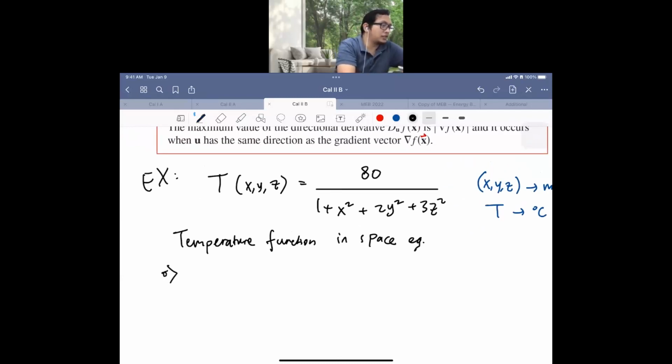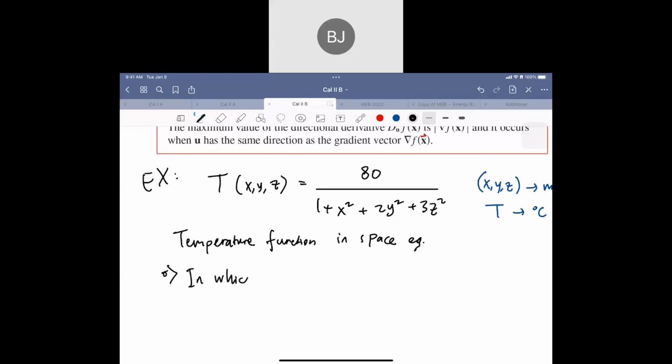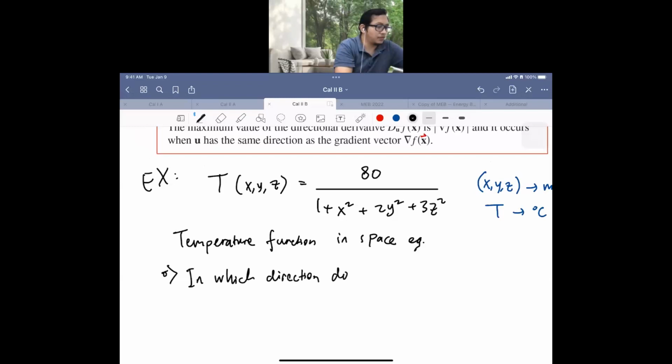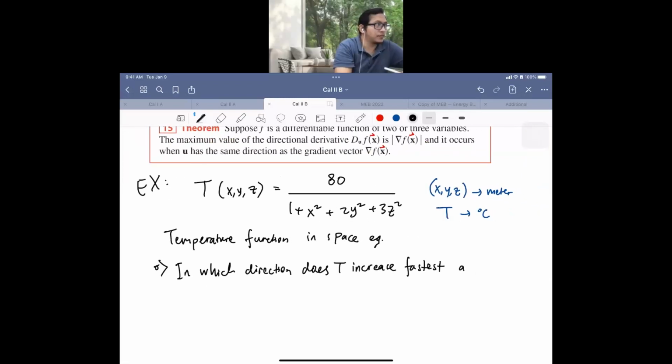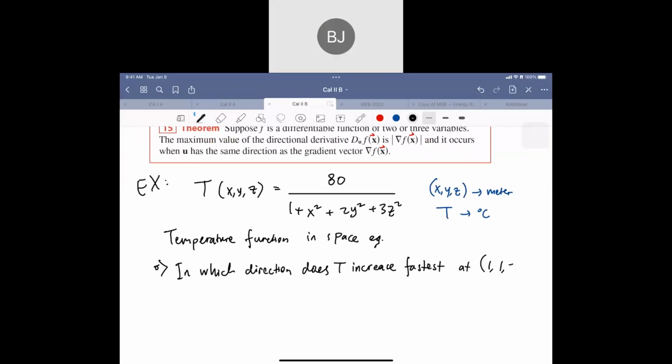Now the question is, in which direction does T increase fastest at (1, 1, -2)?